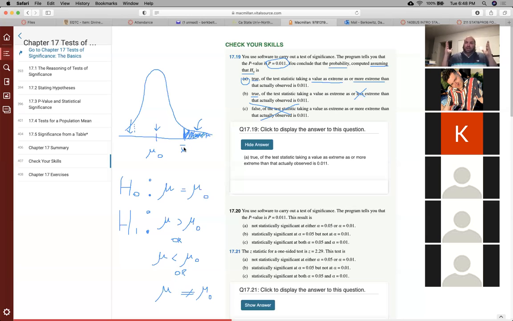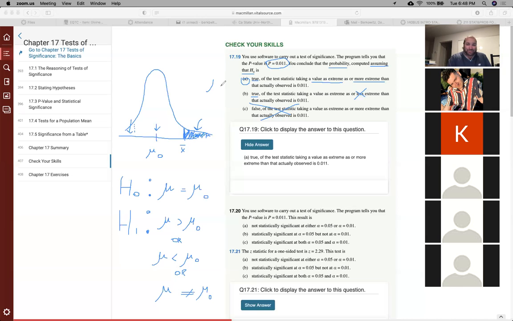We always work under the assumption that the null hypothesis is true. So if I tell you that the null hypothesis says that mu is equal to some value, if I end up somewhere far away from that value, is that a likely occurrence under the assumption of the null hypothesis validity? If the null hypothesis were really true, would I end up somewhere over here? Highly unlikely, correct? In fact, if I did end up somewhere over here, I would probably say, you know what?